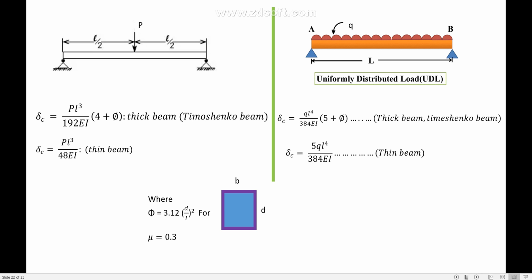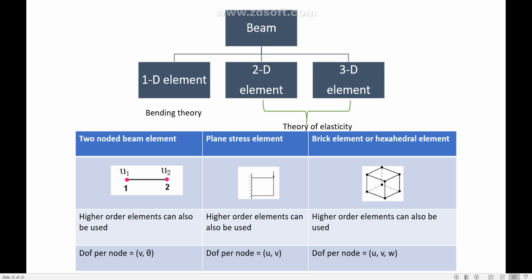The cross section I have shown, and the φ value also I have given, for ν equal to 0.3. So for a thick beam, we have a higher deflection at the center, whereas a thin beam you have slightly less, but again depending upon the L over D ratio. Okay. Next. Okay, beam can be solved.